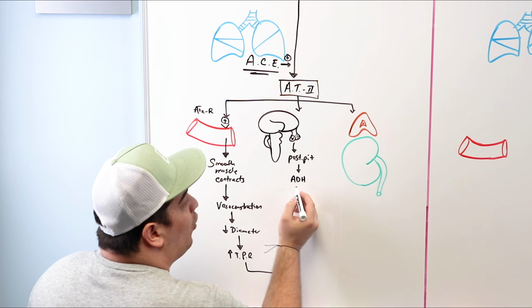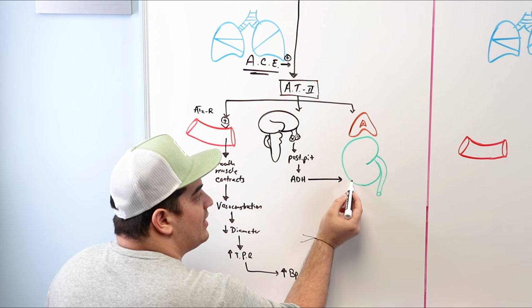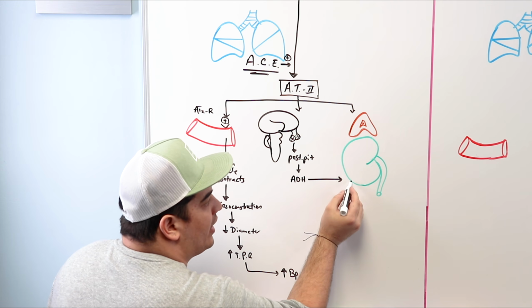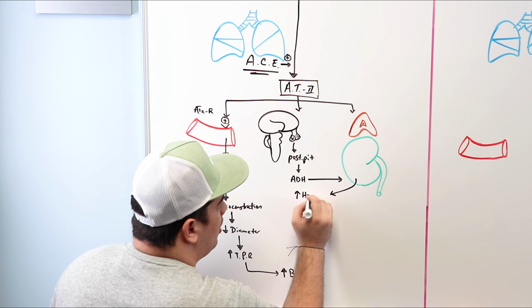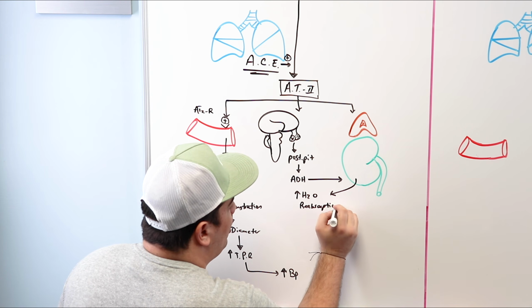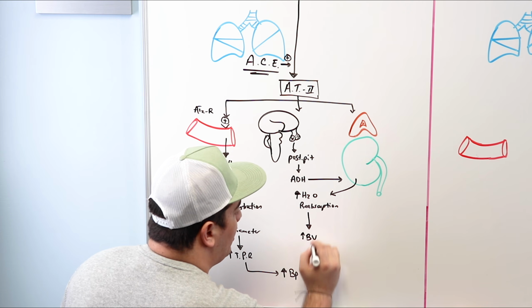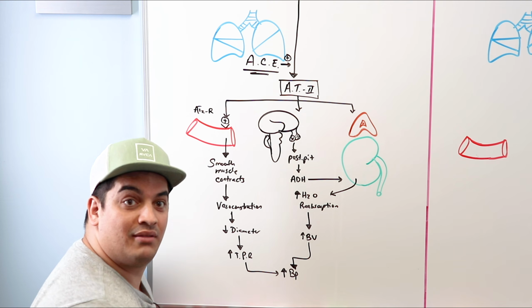The antidiuretic hormone will then go to the kidneys. When it acts at the kidneys, guess what it does? It puts in little aquaporin units, and by doing that, it increases water reabsorption. If I increase water reabsorption, I technically will increase blood volume, and by increasing blood volume, that increases my blood pressure.